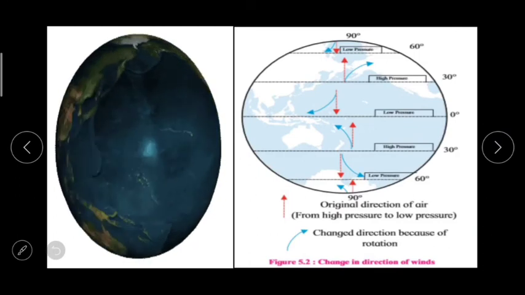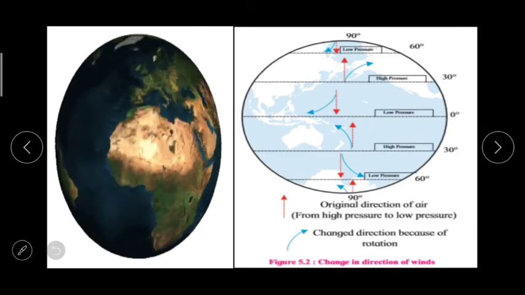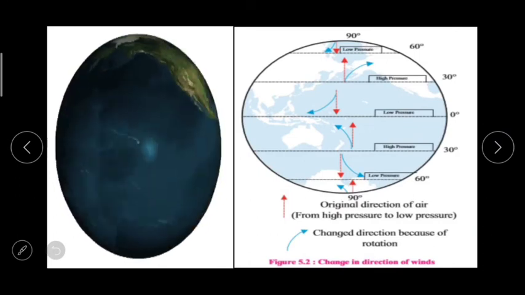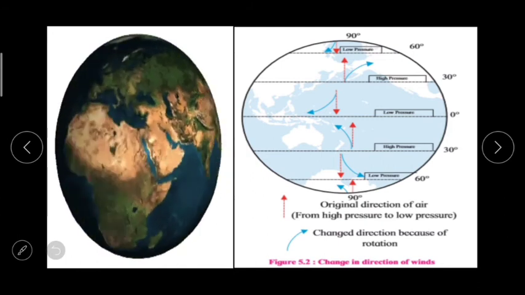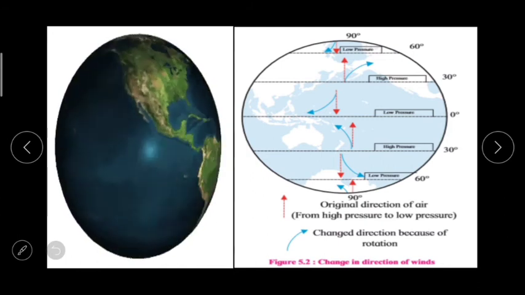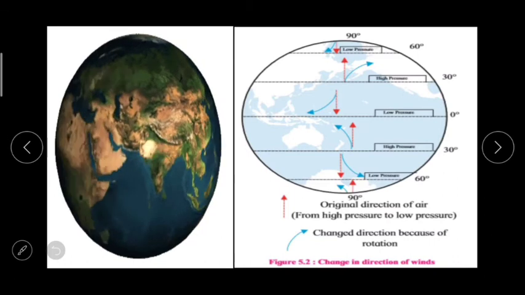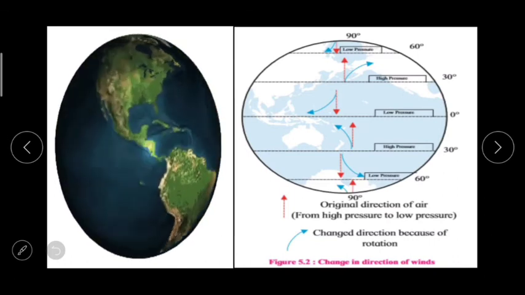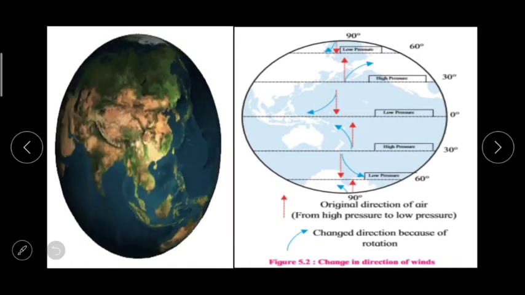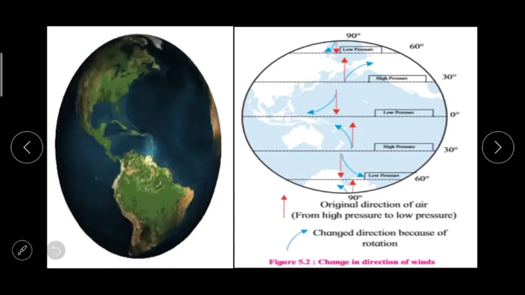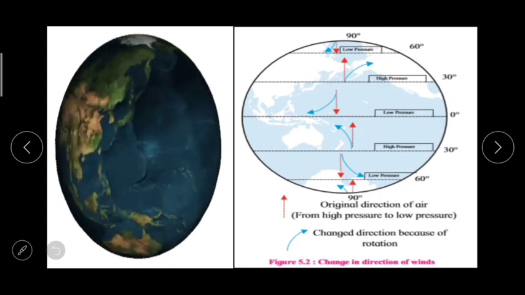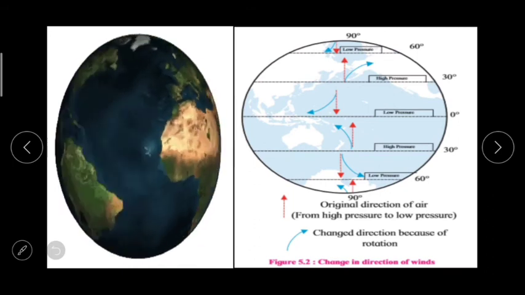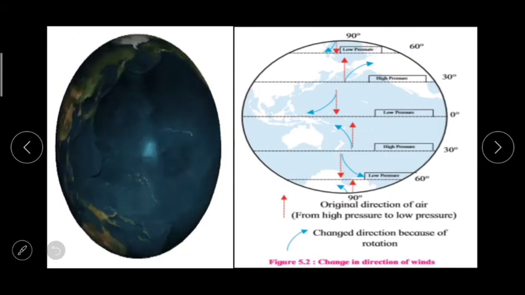Now again, when we consider the earth as a whole, we find the direction of the winds is influenced by the rotation of the earth, and in the northern hemisphere winds get deflected towards the right of their original direction.